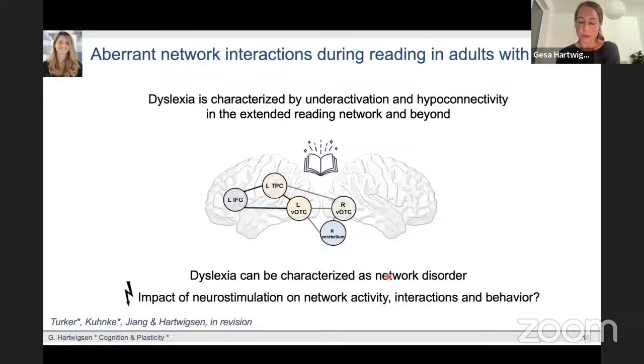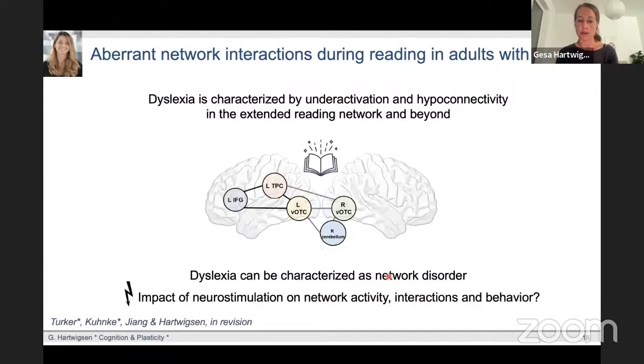And what we're currently doing is to probe the impact of neurostimulation on network activity, interactions, and behavior. And the idea is to use facilitatory network stimulation over a key hub in the reading network and see if we can then shift the activity patterns and if this is associated with behavioral improvements. But let's see if this works. So I think this is an example of how aberrant network interactions can also characterize network disorders that are associated with bad performance during specific language tasks such as reading.